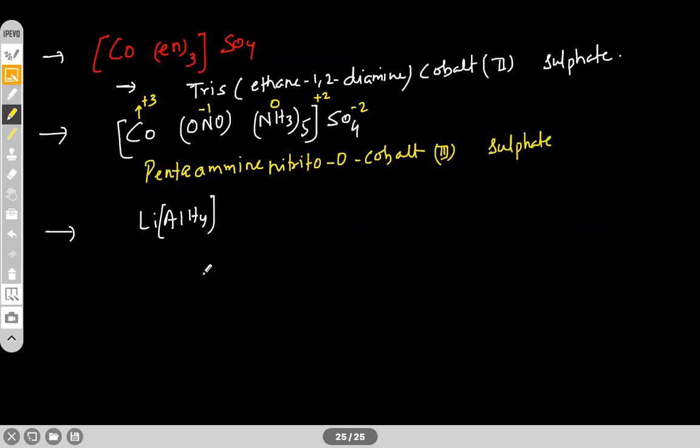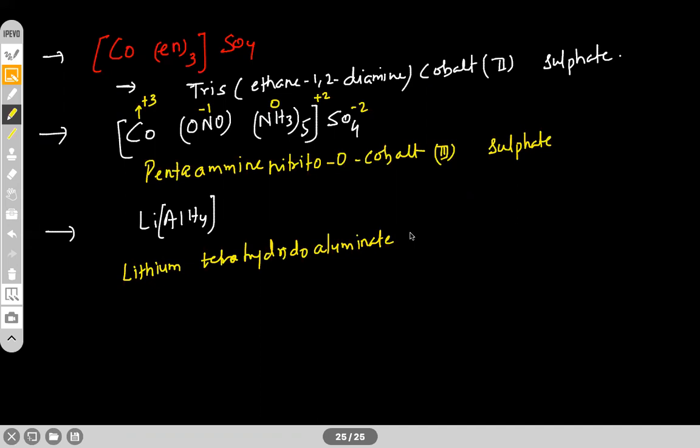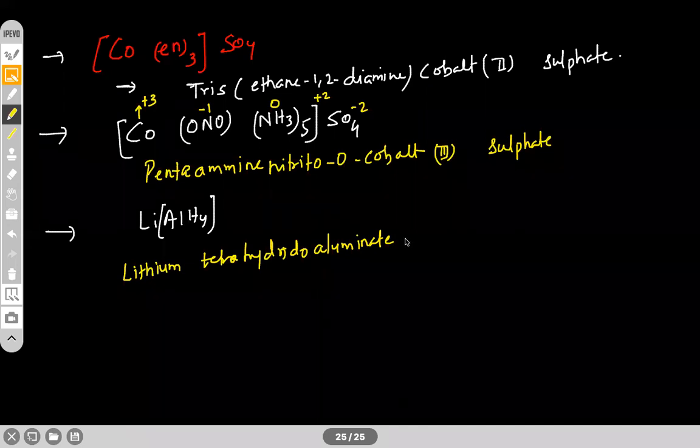LiAlH4 is lithium. We should write the positive part first. Lithium is fine, then space tetrahydrido, because it is hydride ion, right? So it is a negative ion. So hydride becomes hydrido. Tetrahydrido aluminate, because it is the negative ion. What is the oxidation state? 3.